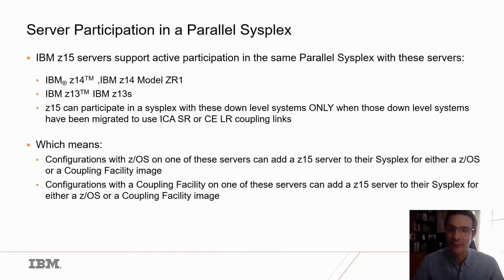As with other hardware levels on the Z platform, IBM supports N to N-2 levels of the hardware to coexist in the same Sysplex, which means in this case, your IBM Z15 can interoperate with Z14s and Z13s in the same Sysplex, provided that the down-level Z14 and Z13 systems have the ability through coupling links to communicate to the Z15, which means that they will need to use the ICA-SR or CE long-range coupling links. We'll talk more about that in subsequent slides.